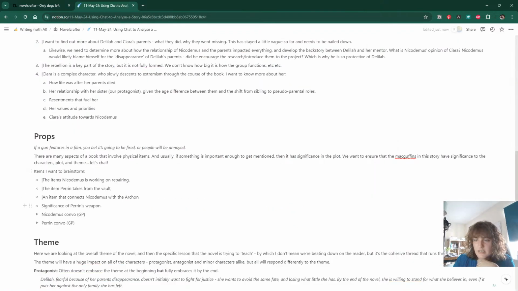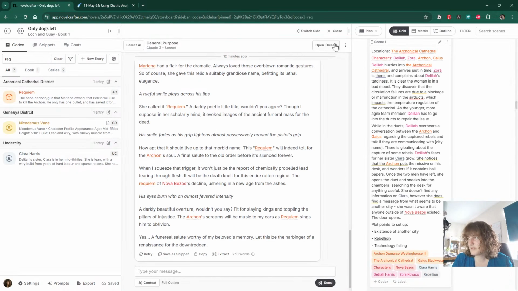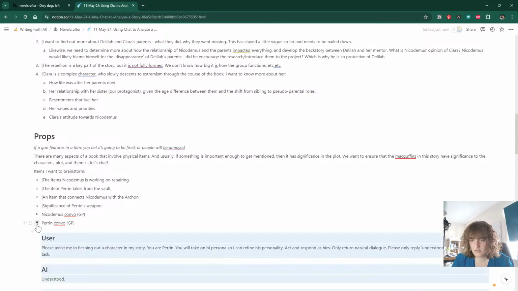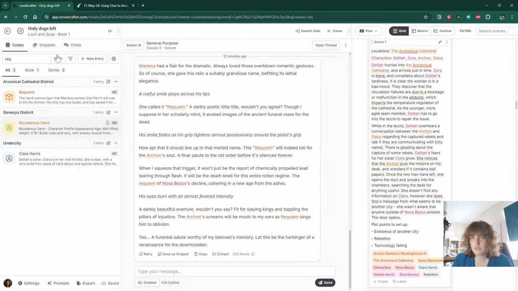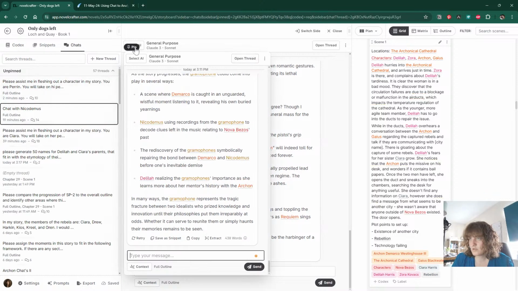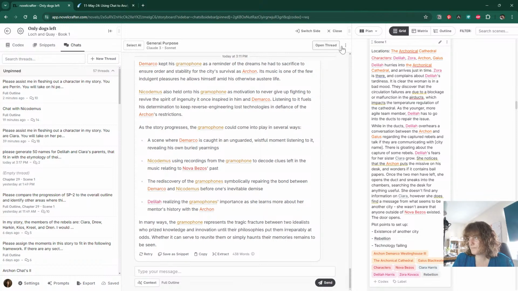And we have the significance of Perrin's weapon. Mark down Perrin. And then let's get chats. Nicodemus. Pin.